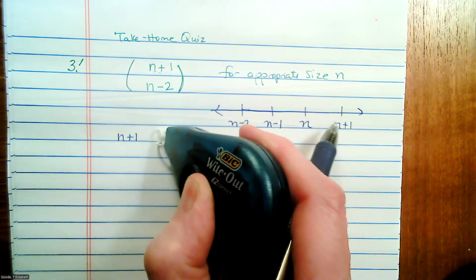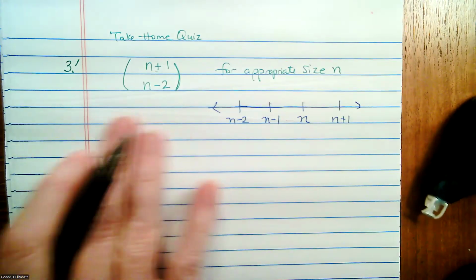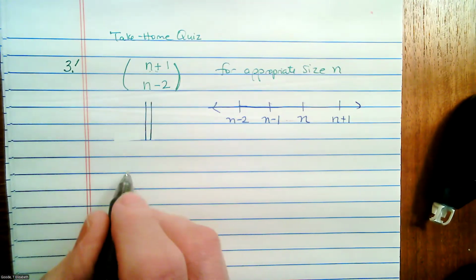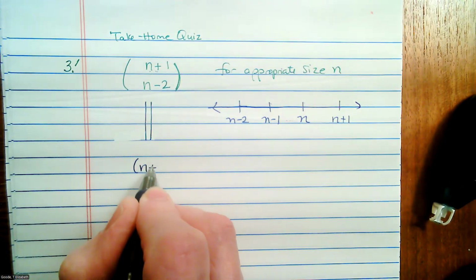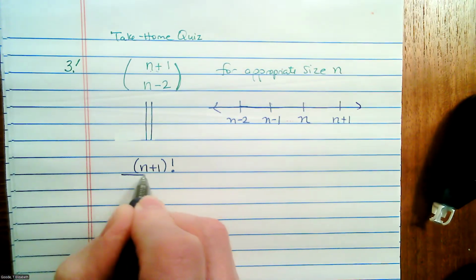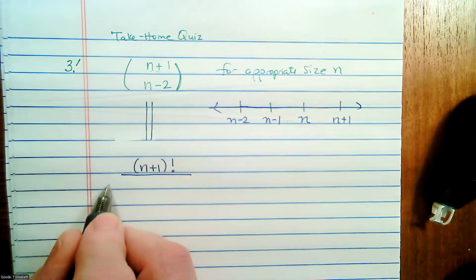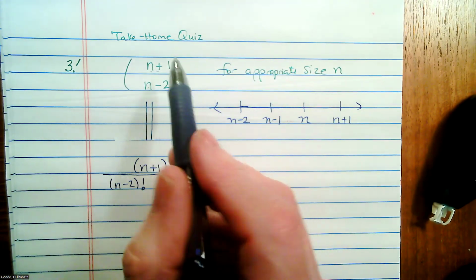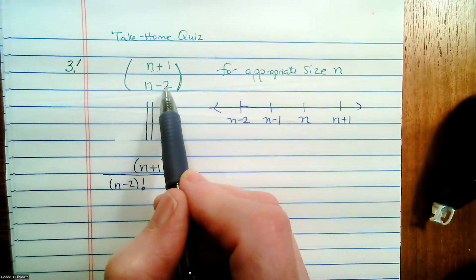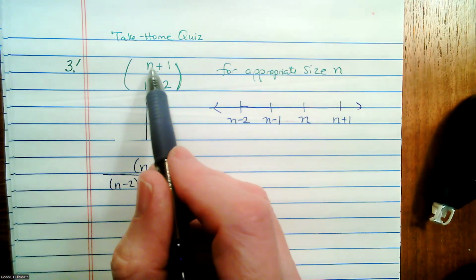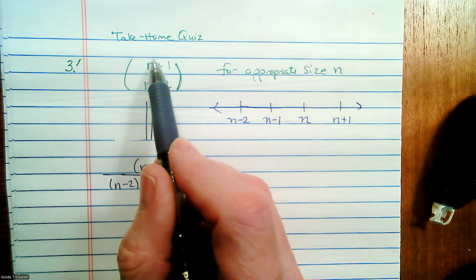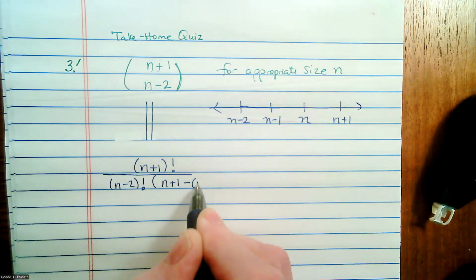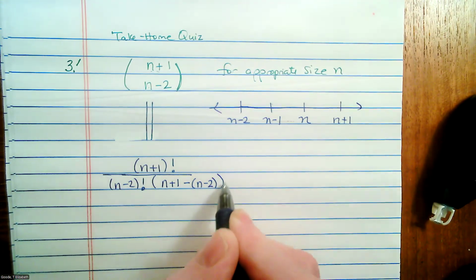So n plus 1, we can read factorialized. Let's look at the formula. This is equal to the top factorialized, n plus 1 factorial, divided by the bottom n minus 2 factorial times the r taken away from this top value, so n plus 1 minus n minus 2 factorial.